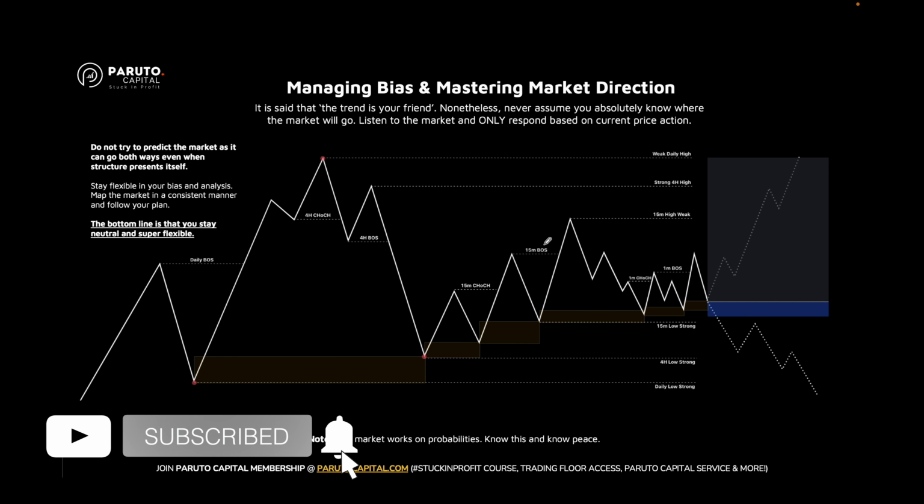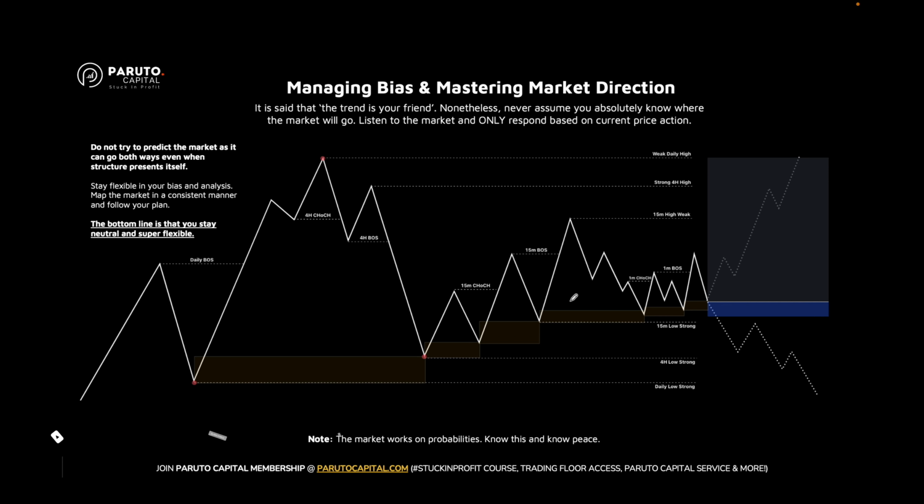It doesn't matter how much time you spend doing analysis. The market can just decide to do anything. But the goal of trading is not to hang all your psychology on just one single trade that goes wrong. It's rather to allow your edge to play through. You map the market the same way, you analyze charts the same way, and you've tested and backtested it, and you can see that you have an edge. All you need to do is just focus on executing your edge, and your edge will always play out.